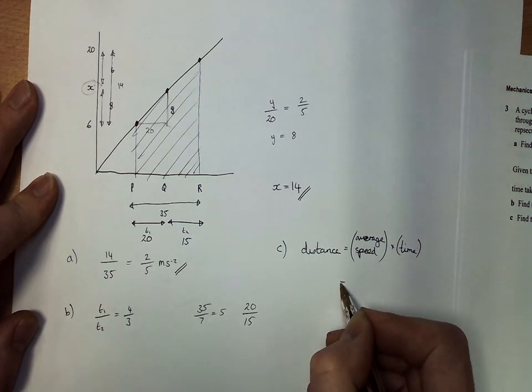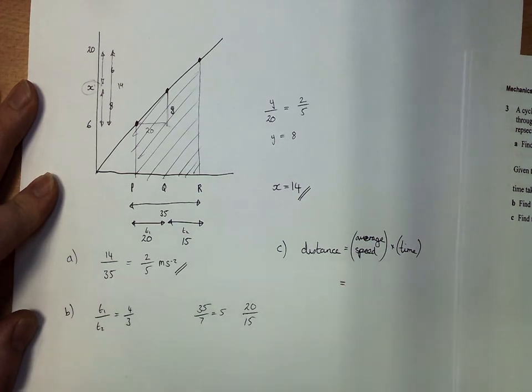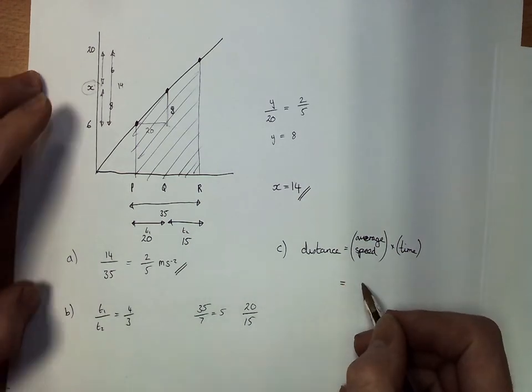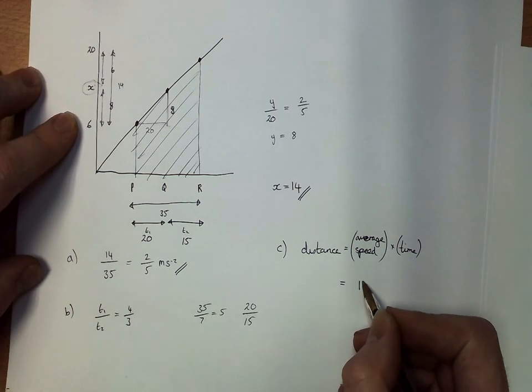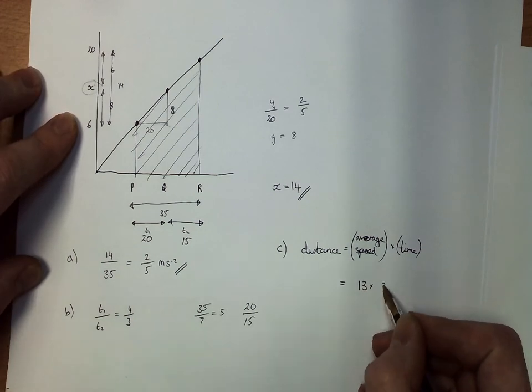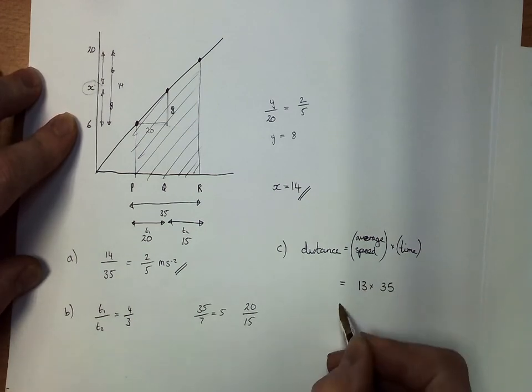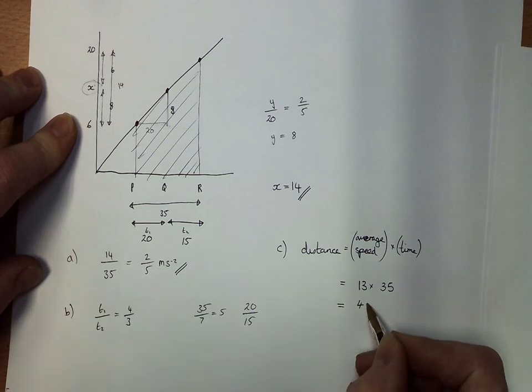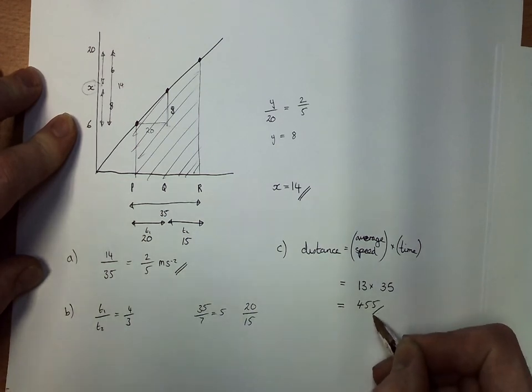Which isn't a formula we use often, but is one that we would have seen in GCSE quite a lot. So 26 divided by 2, so it's 13 times 35, which gives me 455. That's the question finished.